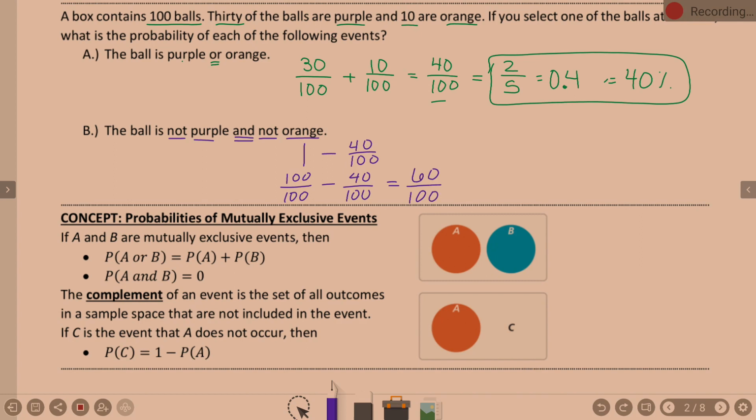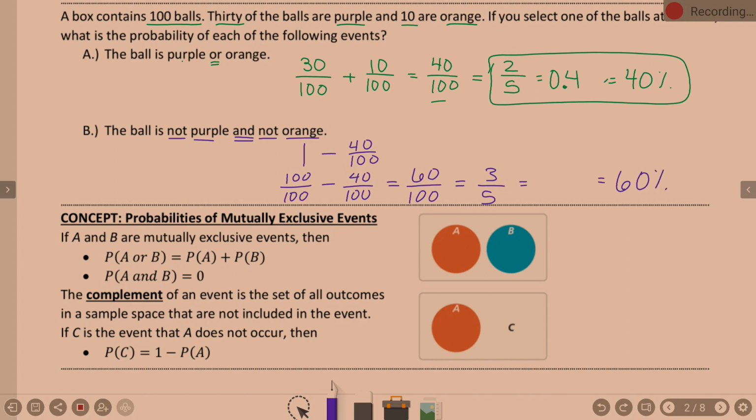What are your thoughts about 60 out of 100? Did you say 3 out of 5? I think that's what I heard. Okay. It reduces to 3 out of 5 when you divide each of those by 20. It is indeed, since it was 60 out of 100, it is indeed 60%.